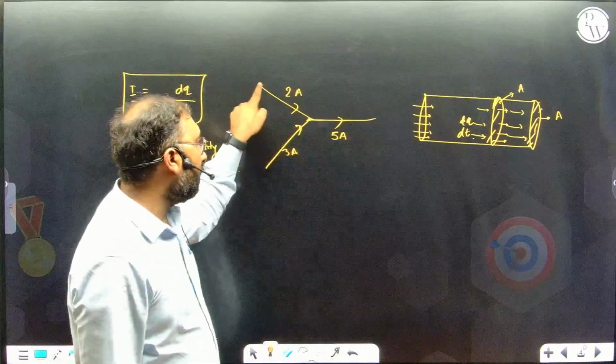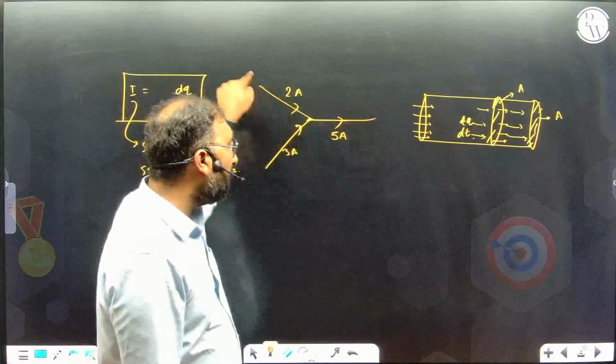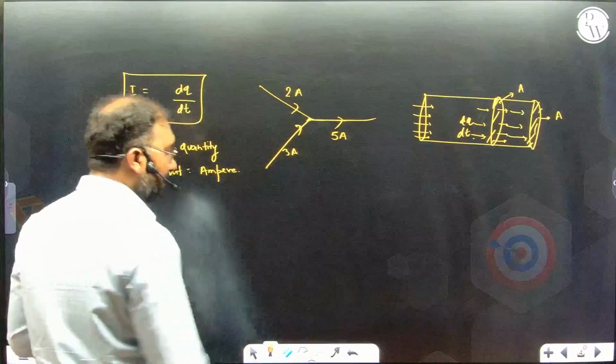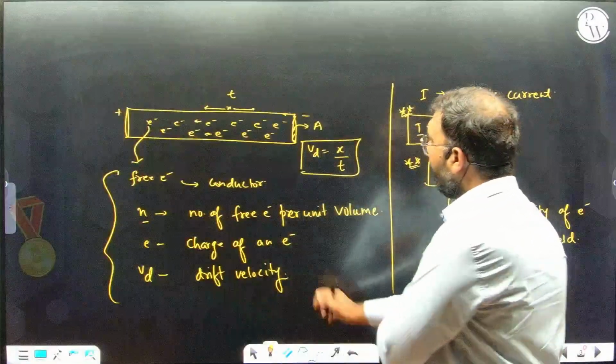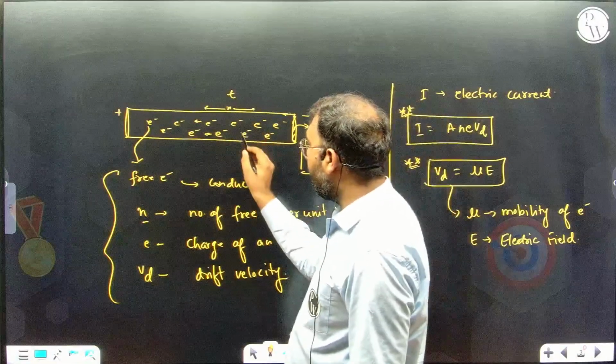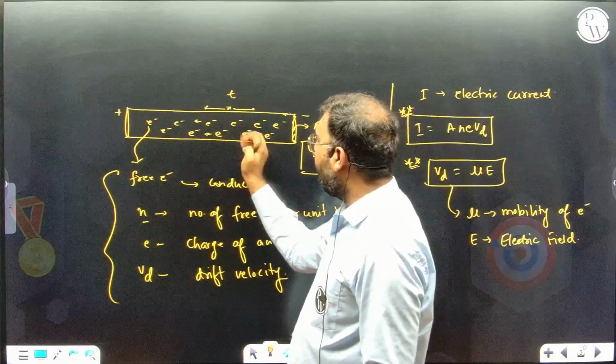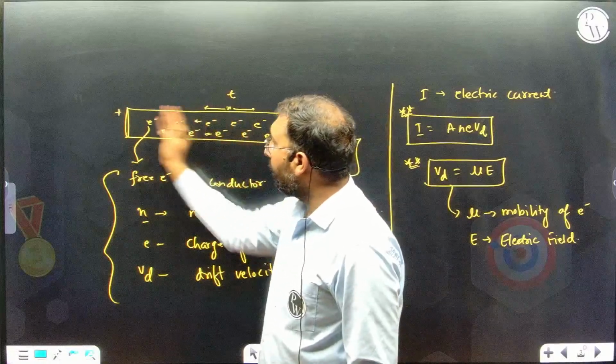Because if this is higher potential and this is lower potential, the current will always move from higher potential to lower potential. You must have seen in this example that the charged particles inside the conductors were of negative type. These are the negatively charged particles, and they all are moving towards this positive side, okay?